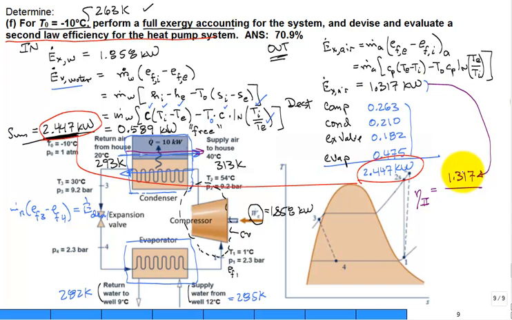Well, you could take the total sum of the ins, but I wrote right here that you can view the geothermal heat source as being free, and that you really only have to pay to run the power on the compressor. So let's just do that, divide by 1.858, and then you get a second law efficiency of about 71% for this system.